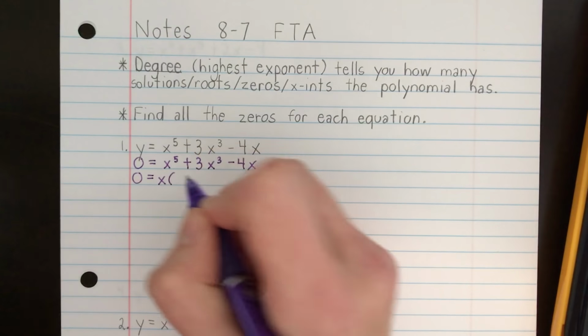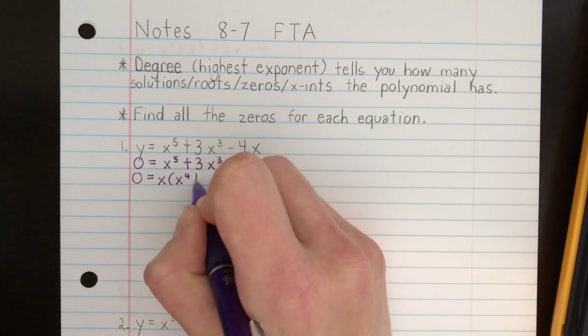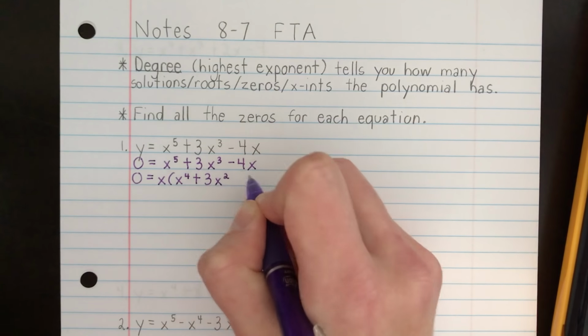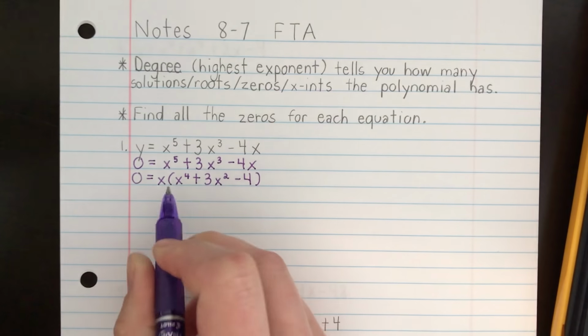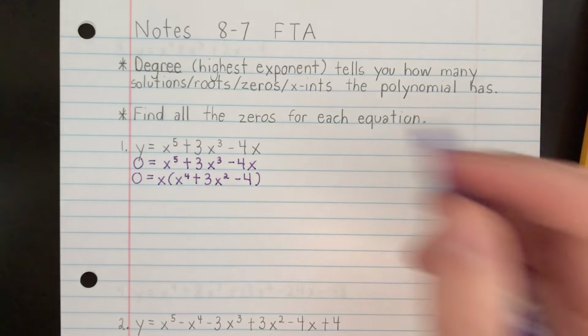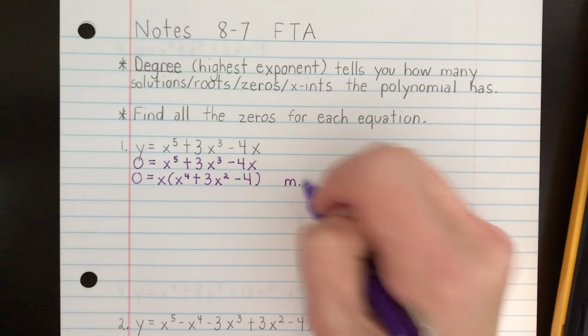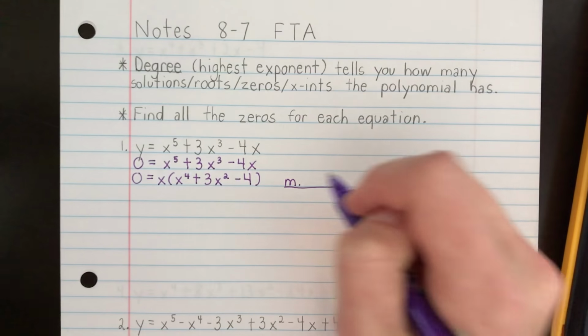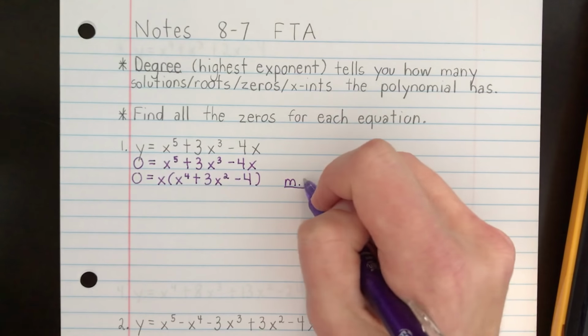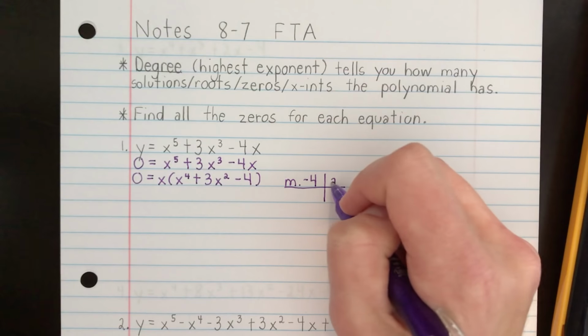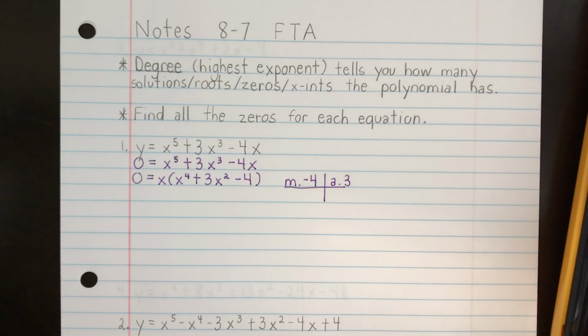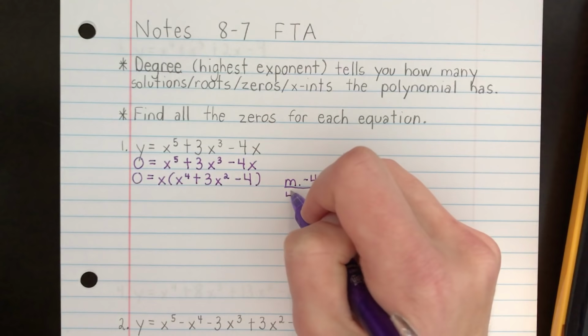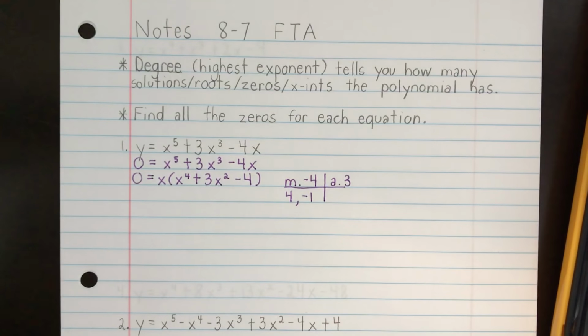So factor out the GCF of x, which leaves me with x to the 4th plus 3x squared minus 4. And then I do have a trinomial inside here, so I am going to try my t-chart. I would be looking for numbers that multiply to -4 but add to +3, and that is possible. It works with +4 and -1.